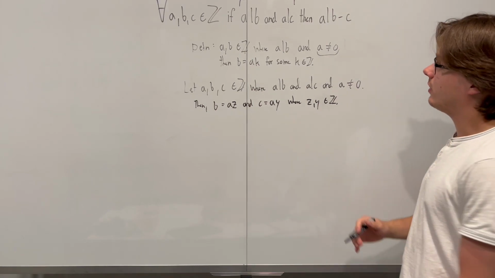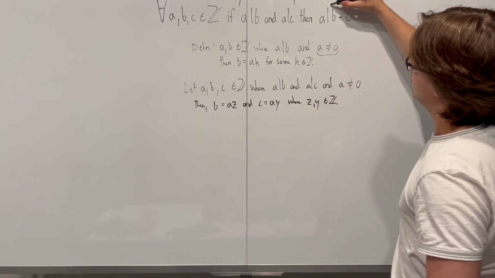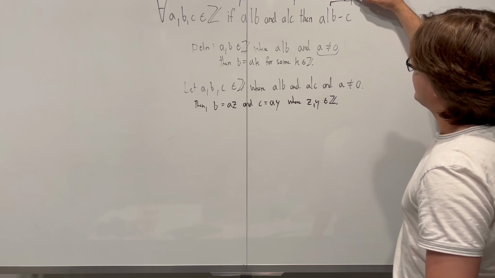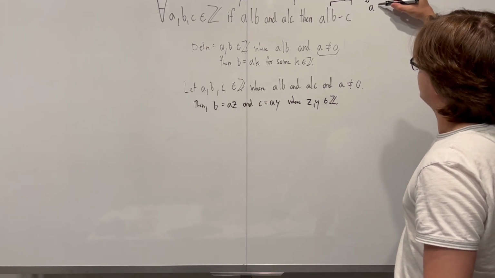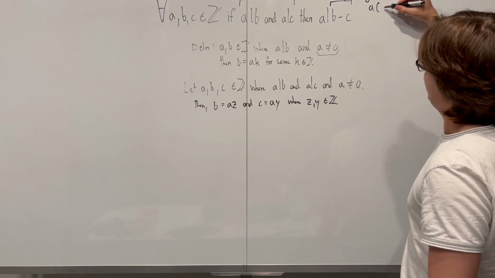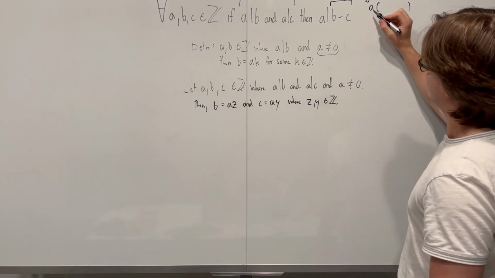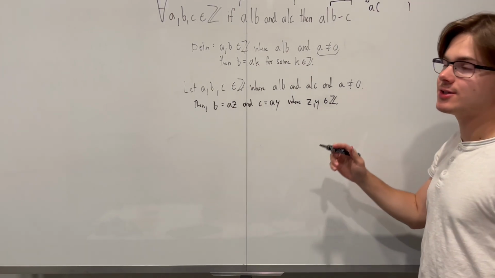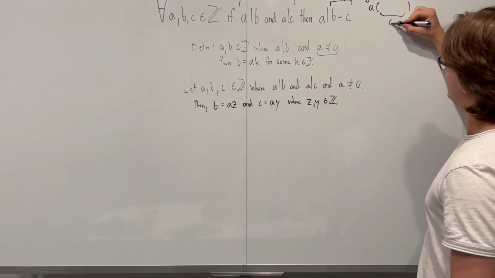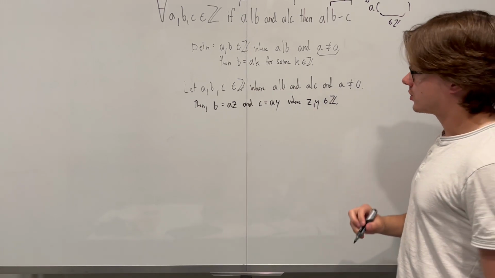Fantastic. Now that we've defined everything, we can have a look at what we have here on the right and ask ourselves, can it be written as a multiple of what's on the left, in this case a, which means can we get this to look like a times something in brackets, and this in brackets must of course be an integer. So let's give that a shot.